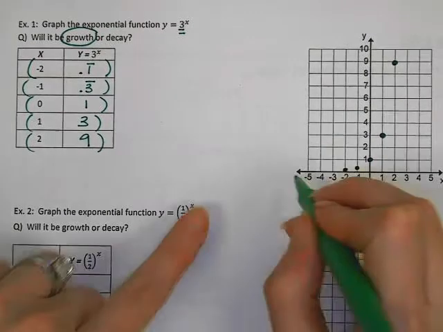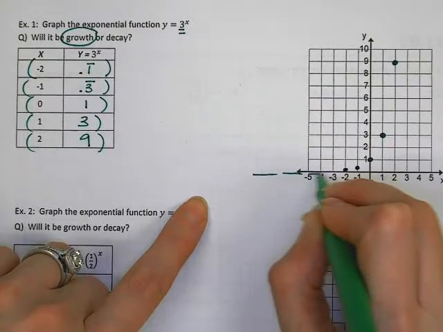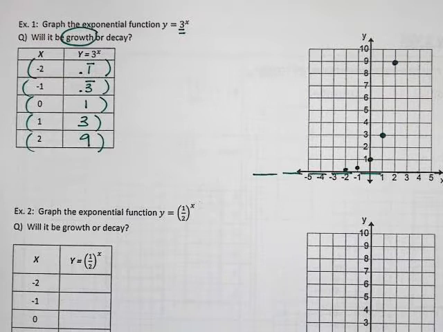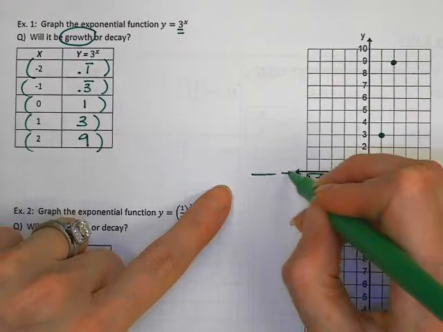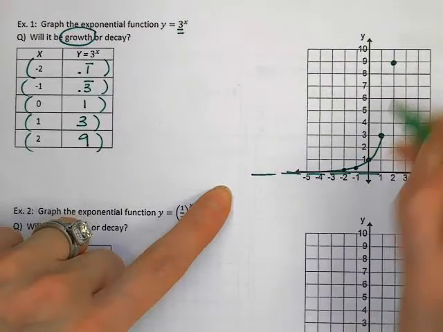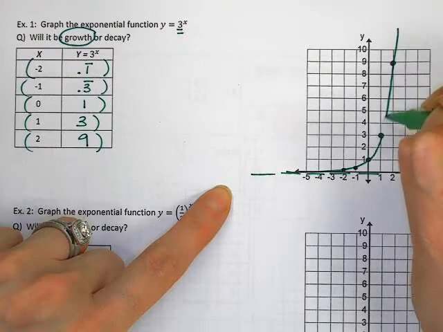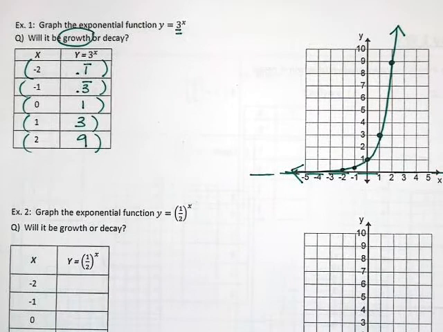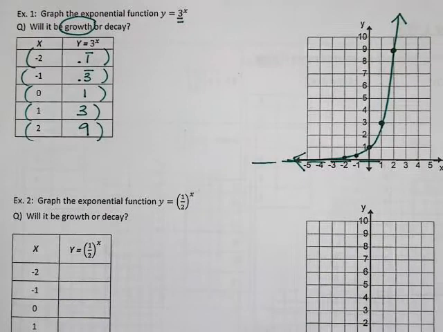Okay? Always make an asymptote, which is a line through 0. That means the graph can never cross 0. And then if you connect the dots, try to make it like a nice smooth curve with arrows on the end. And that's your first exponential growth.